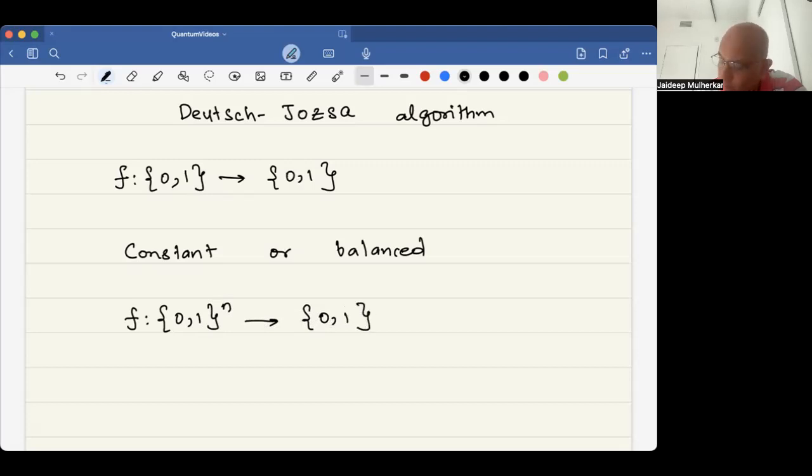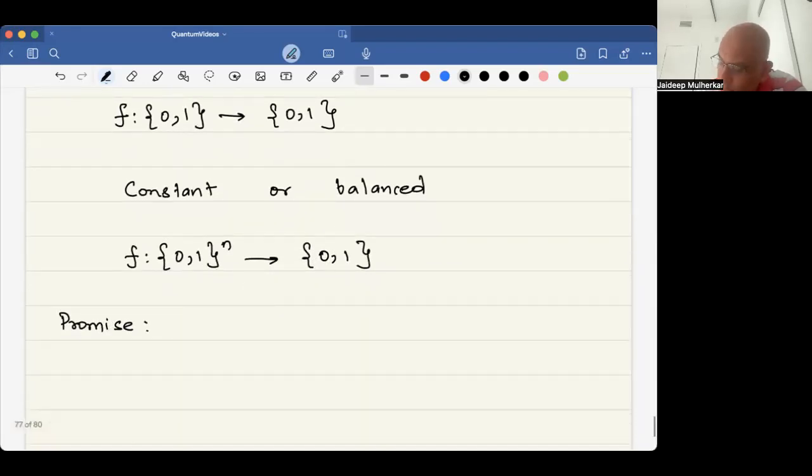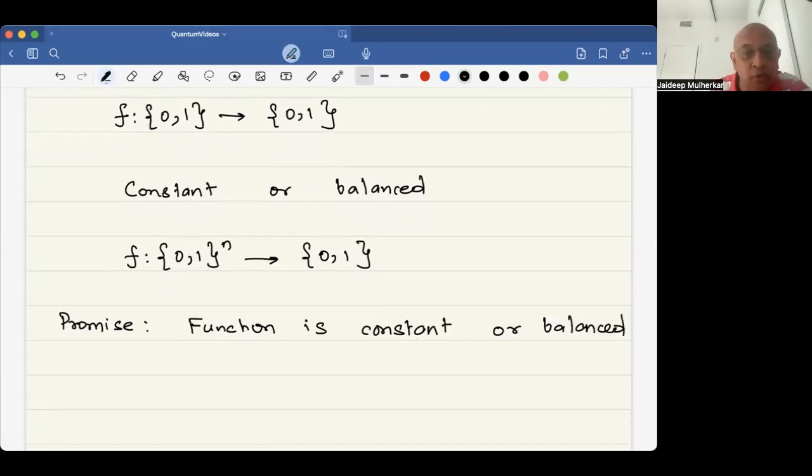And we are given the promise that the function is either constant, which means that all the values either go to 0 or all the values go to 1, or balanced. And balanced means half the values go to 0 and the other half go to 1.